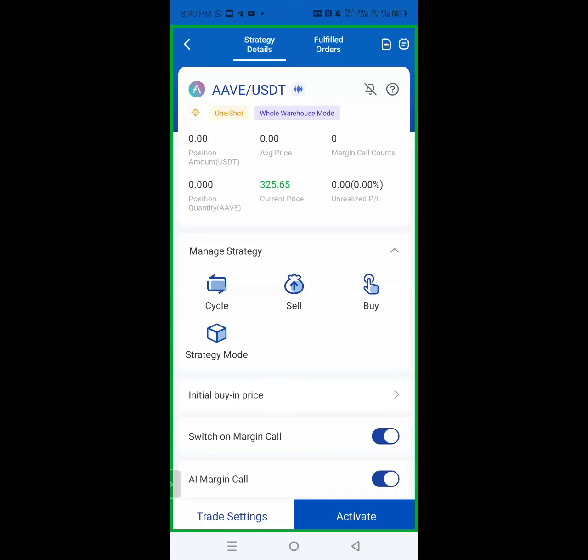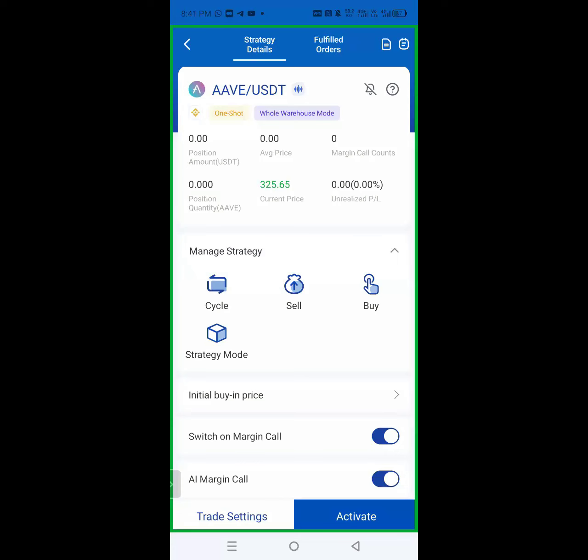That is why if you are trading on the spot, you are advised to start with maybe 10%, 15% of your capital. So if your capital is $100, you can use 10 or 15 as your first buy. Then you will set up the remaining money for your robot to use to buy the margin calls.